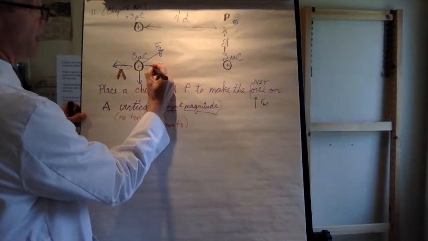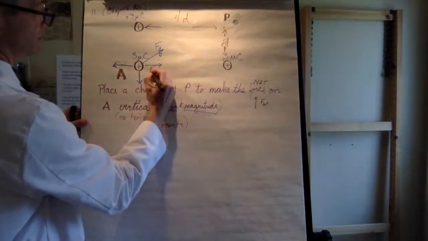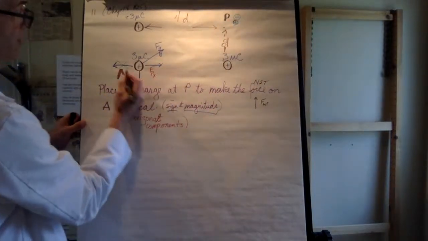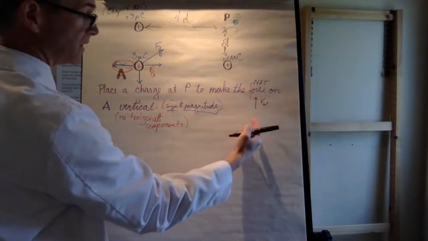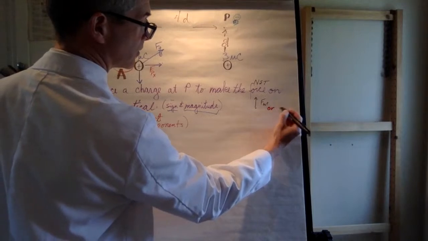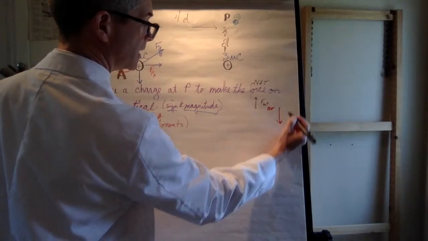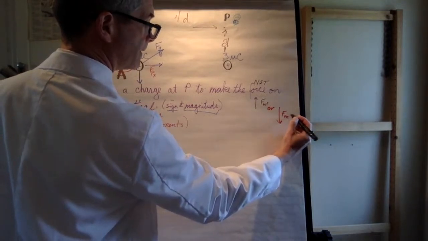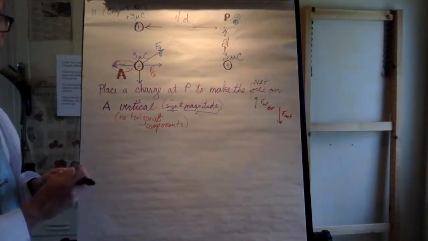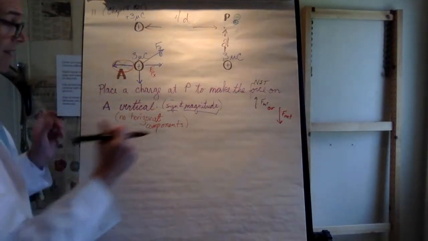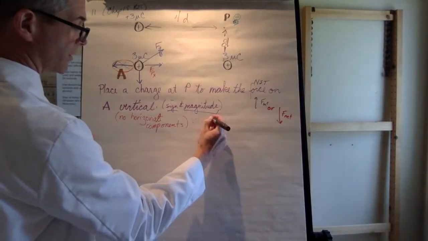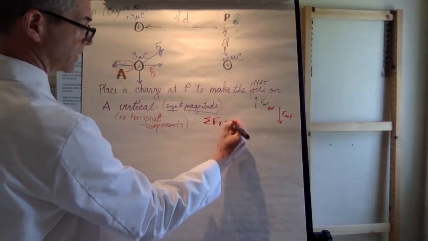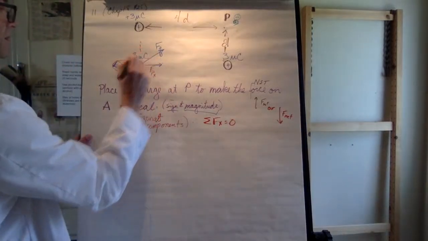So I only want F of P in the x direction to equal that one. So in order for this to be F net this way, or technically it could be F net this way, but then it's the same. So I want no horizontal components. So that means, therefore, the sum of the forces in the x direction has to equal 0.